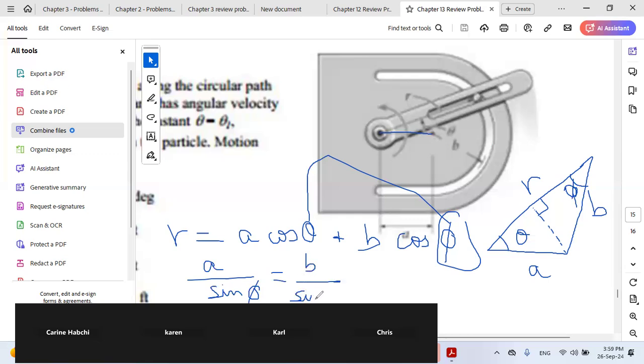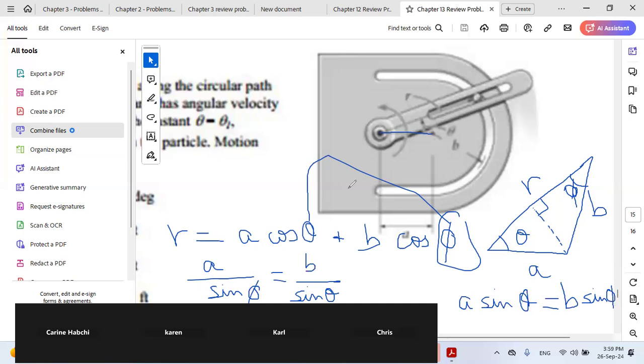So if I take sine theta to the upper side, I have A sine theta equal to B sine phi. So I related my angles. And now if I want to relate their derivatives, I can easily do this. Once I get this relation between the two, I can relate theta dot and phi dot, and also the second derivative.